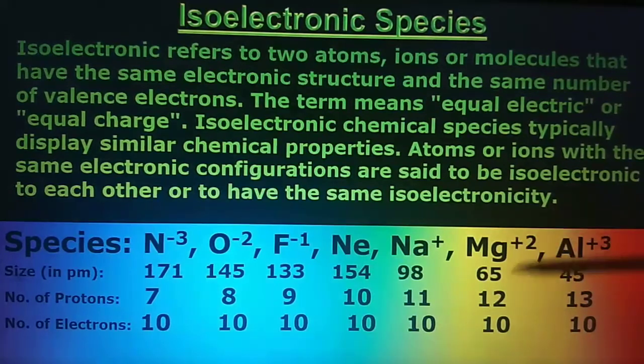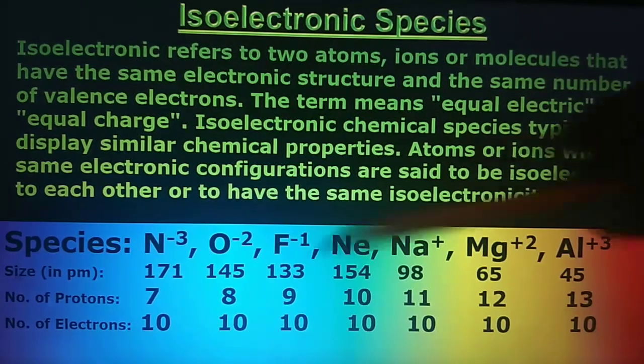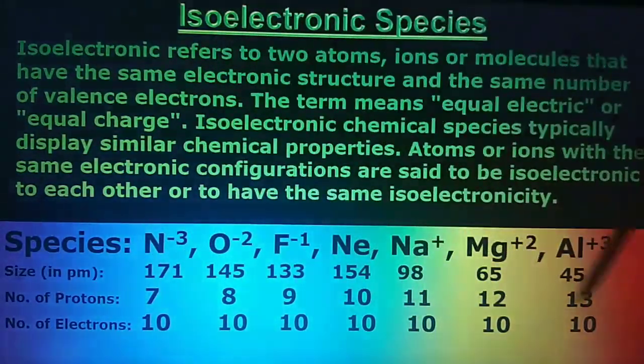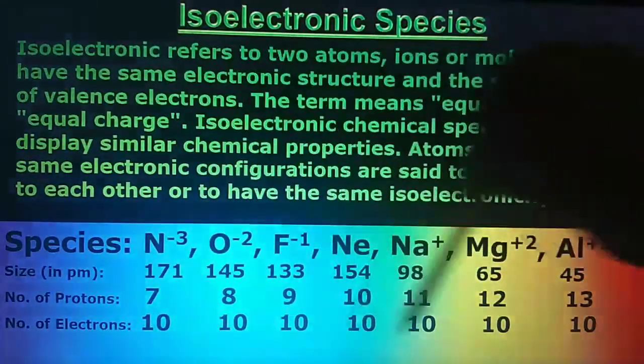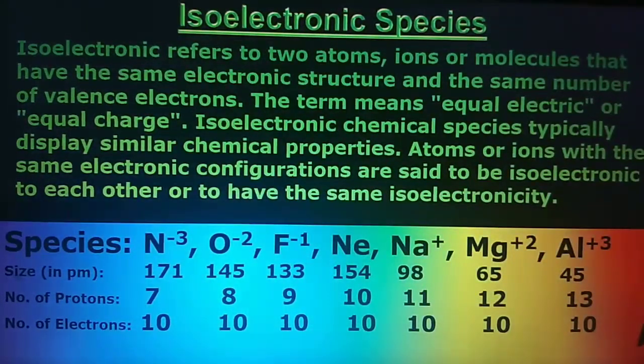For magnesium there were 12 electrons initially, and after losing 2 electrons it becomes a total of 10 electrons, right? So we observe that in case of isoelectronic species, when the number of protons increases, the size decreases, right?